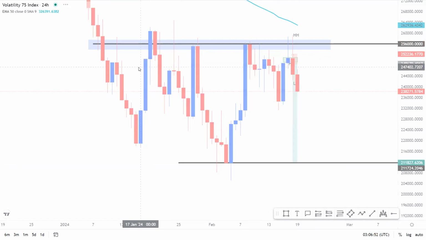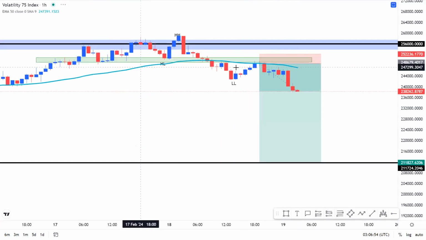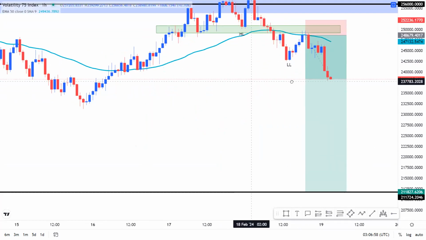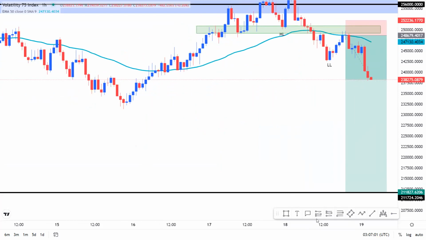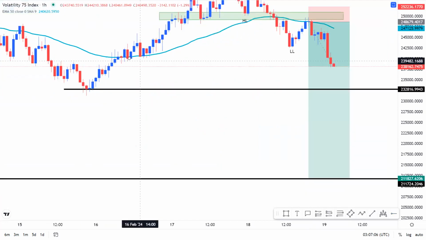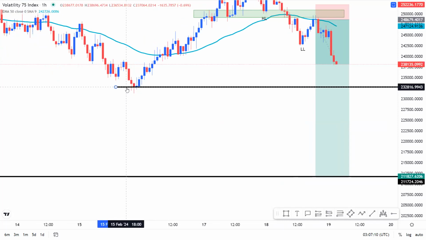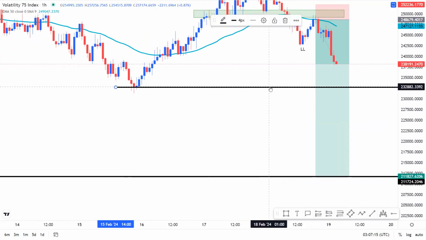But of course, I would be taking partials as price trades to the downside. When price comes into this area, I have my first level take profit targets set right here.